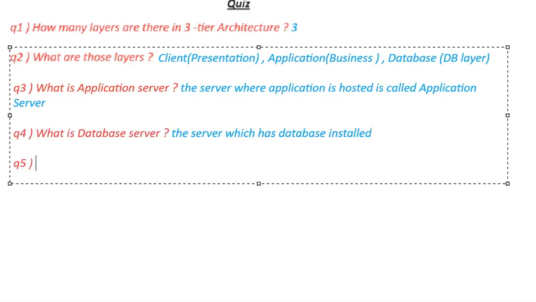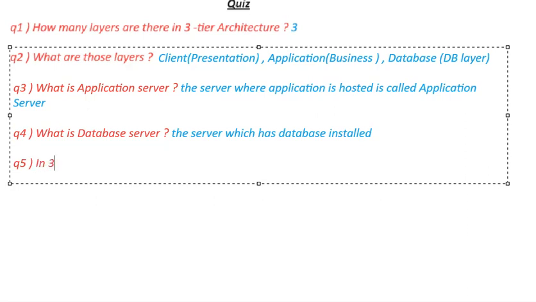Now let us move on to another question. The question is, in three-tier architecture, we are separating the application and database layers both. Is it true or not?